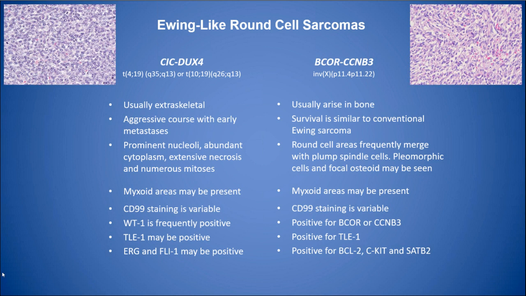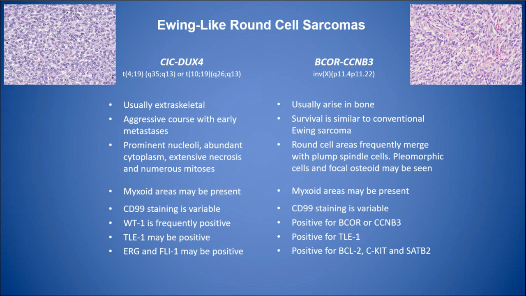One characteristic feature of CIC-DUX4 tumors is that there's frequent positivity for WT1, which is actually very helpful in the diagnosis of this tumor. This is an aberrant expression, and has nothing to do with any particular mutation. BCOR tumors can be easily diagnosed by staining with the appropriate markers for those genes.